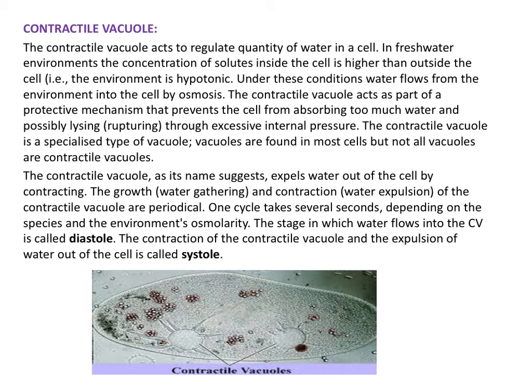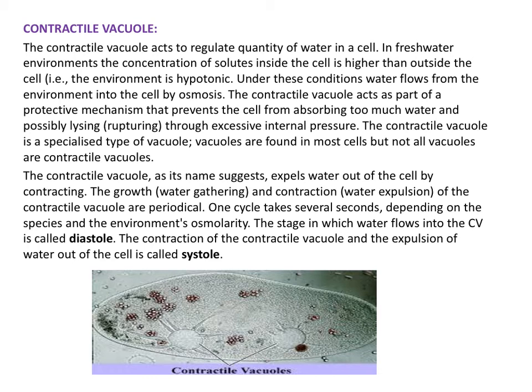The contractile vacuole, as its name suggests, expels water out of the cell by contracting. So this is the mechanism by which it prevents too much water absorption. The growth, that's the water gathering, and the contraction, that's water expulsion, of the contractile vacuole are periodical.